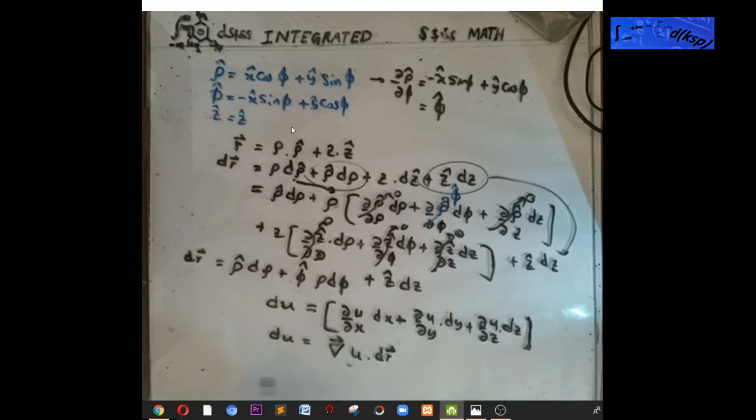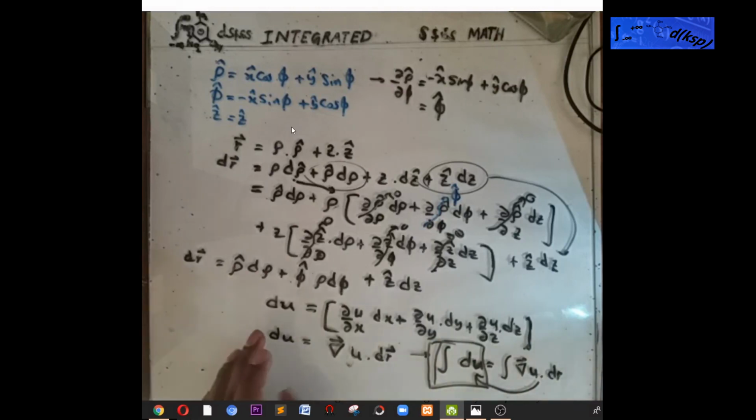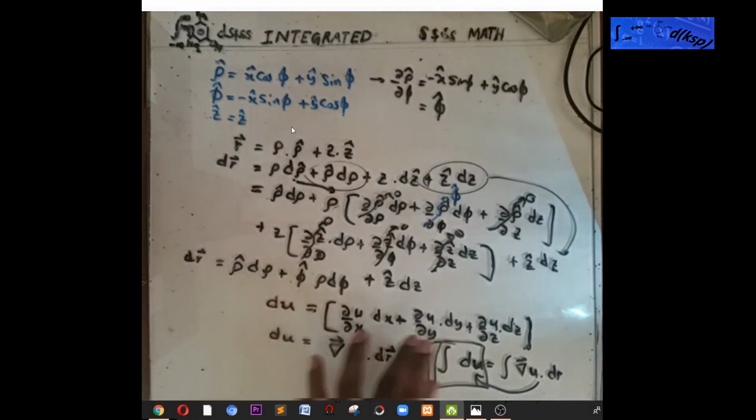If you know the gradient theorem, you're able to use it when you have this type of integral. When you have a line integral, you're able to use the gradient theorem, and it's pretty easy to evaluate the line integral. It could be an electric field or a magnetic field. I'm going to use these two expressions.